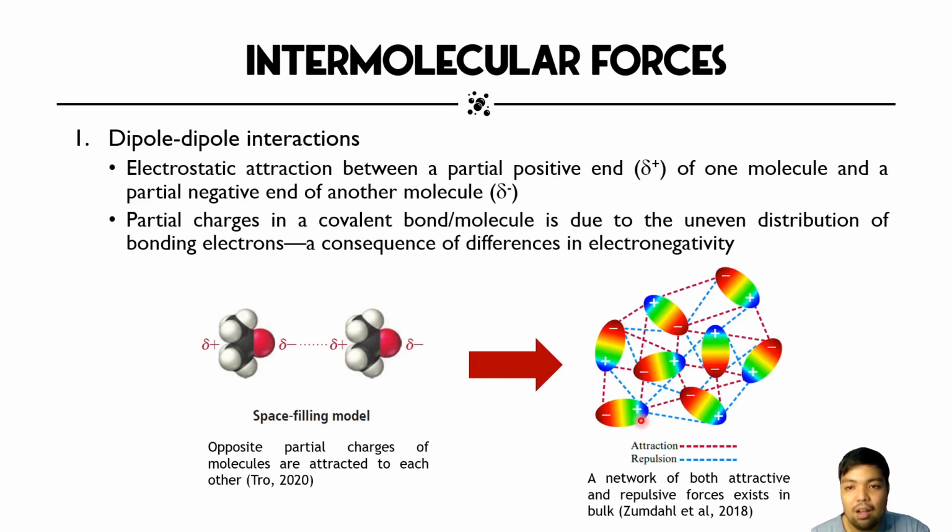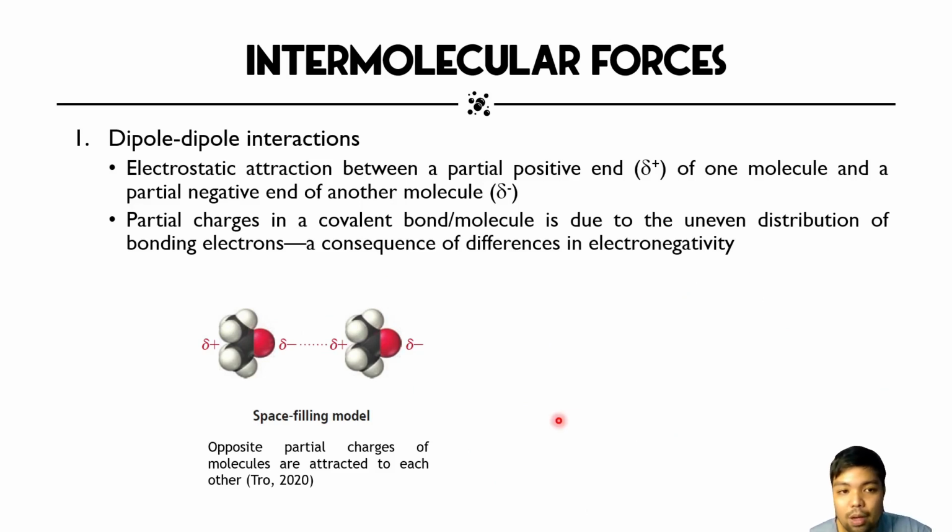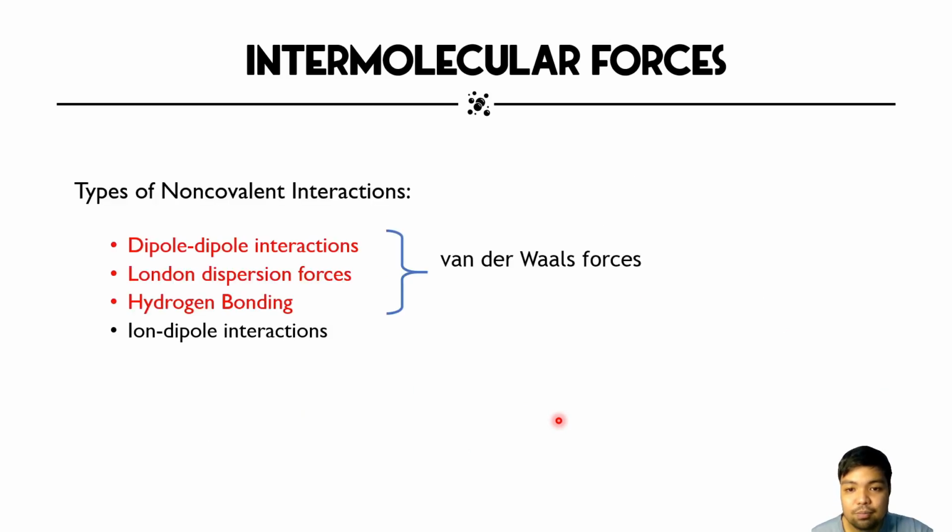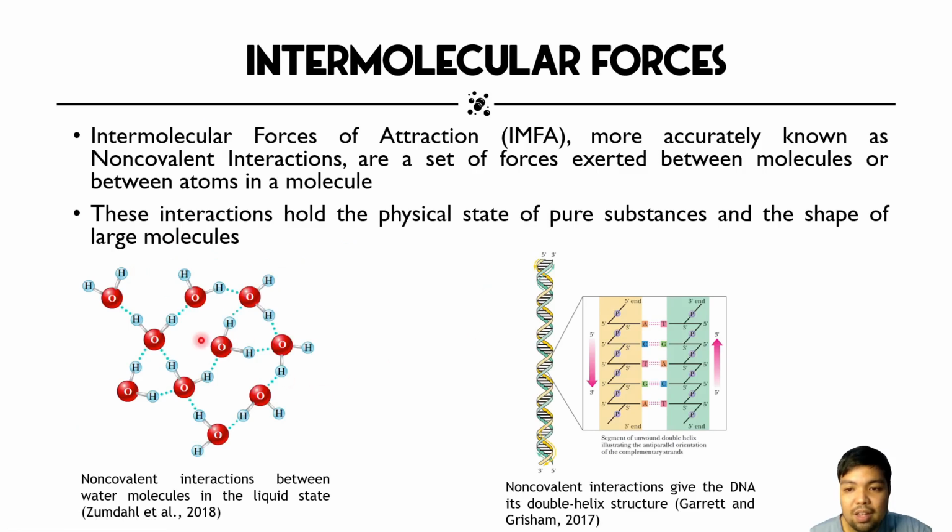So this dipole-dipole interaction is characteristic of your water molecule. I will go back to our previous slide. If you can see here, oxygen, since it has a larger electronegativity, will bear a partial negative charge, while the one with a smaller electronegativity, which is hydrogen, will bear a partial positive charge.